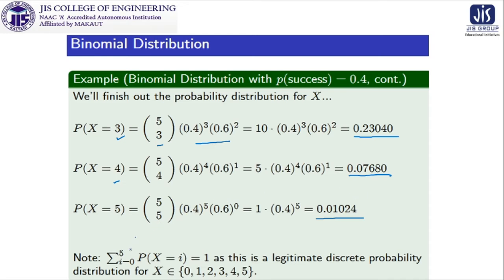Now we can note that if we sum from i equal to 0 to 5, the probability of X equal to i, we will get 1, as this is a legitimate discrete probability distribution, because the total must be 1 to maintain the properties of a probability distribution.